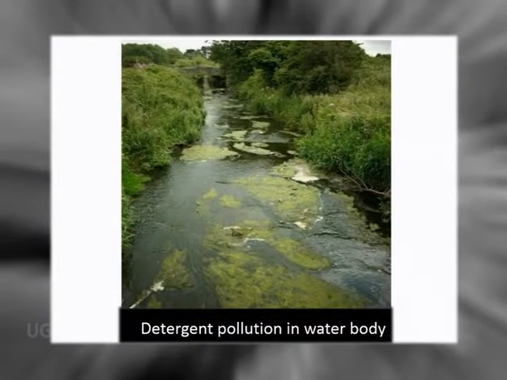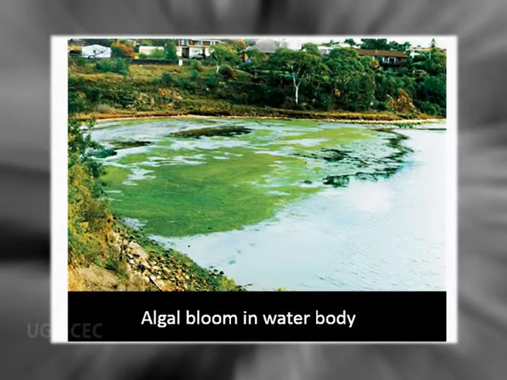And when this phosphorus in the soil, present as fertilizer, also may be present in detergent, is washed away by rainwater into the inland water body, into the stream, then it will cause pollution. And this detergent pollution is causing frothing in the water body, and very often this eutrophic condition will result in massive growth of algae, commonly called algal bloom.